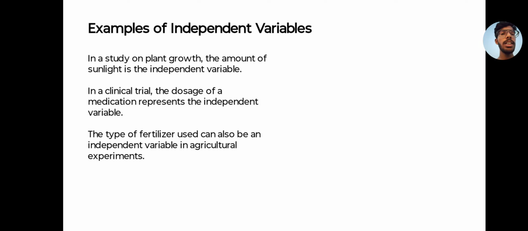In a clinical trial, the dosage of the medication represents the independent variable. The type of fertilizer used can also be an independent variable in agriculture experiments.